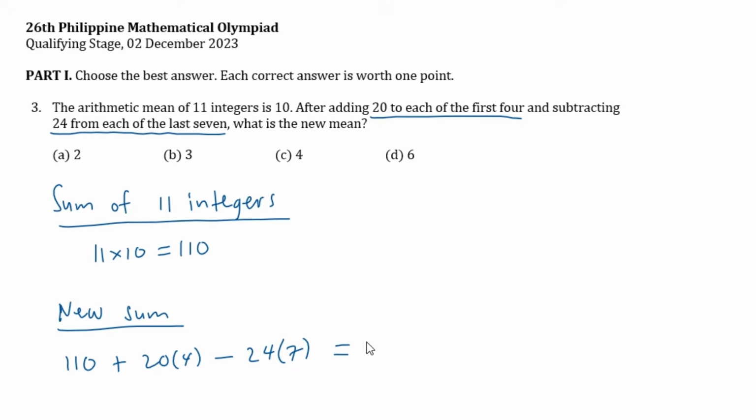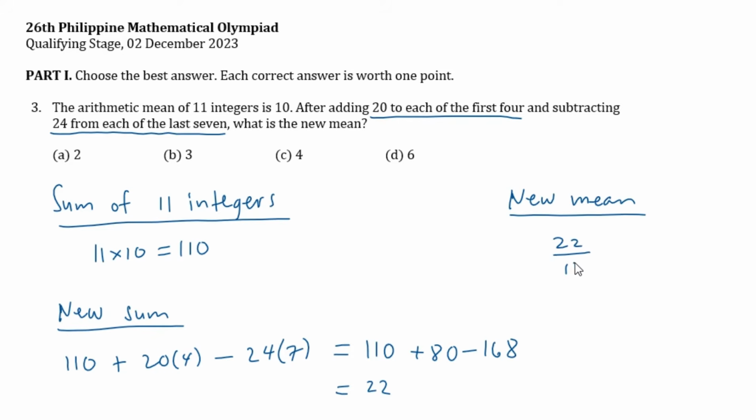So this is equal to 110 plus 80 minus 168. So the new sum is 22. Therefore, the new mean is equal to 22 divided by 11, since there are 11 integers. So the answer here is 2. And that is answer choice A.